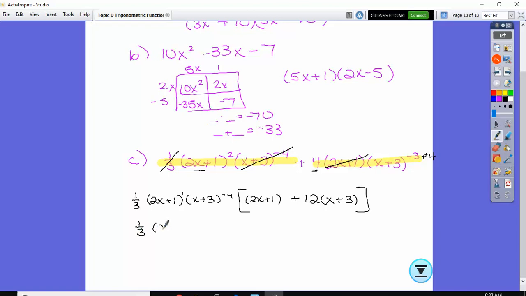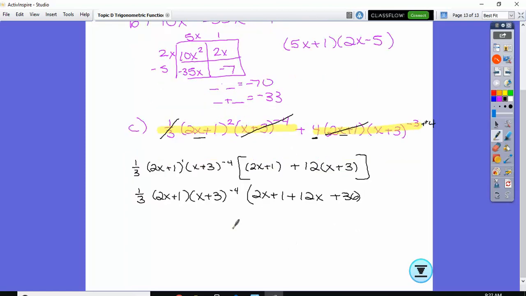All right, let's just see if we can clean this up at all. So this gives me a 2x plus 1 plus 12x plus 36.